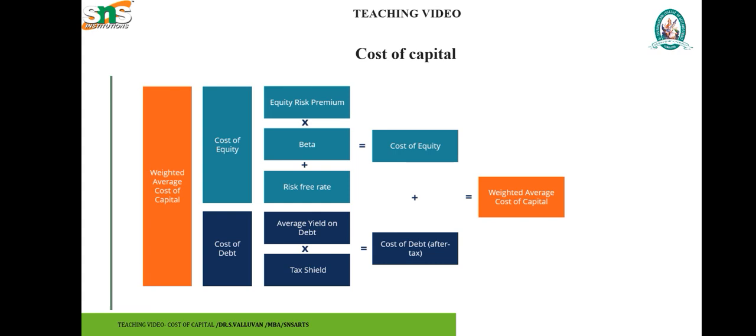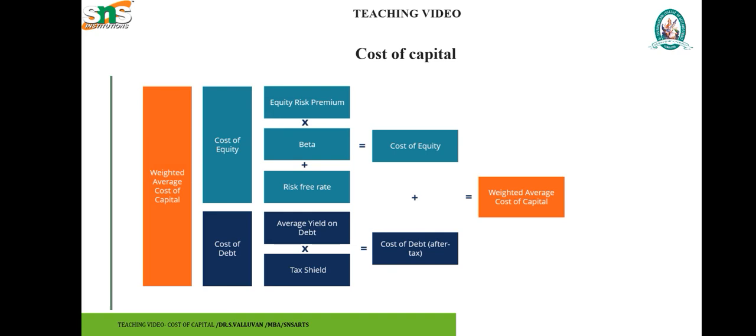Cost of equity is calculated based on the risk-free rate of return plus beta into (Rm minus Rf), that is market risk premium, or it is otherwise called the equity risk premium. And then we have to calculate the cost of debt: average yield on debt multiplied with the tax shield, that is 1 minus T, interest expense into (1 minus T), will give the cost of debt after tax.